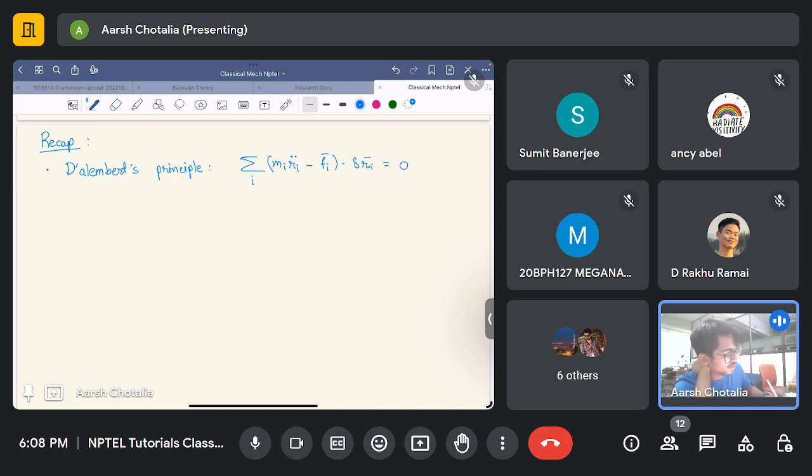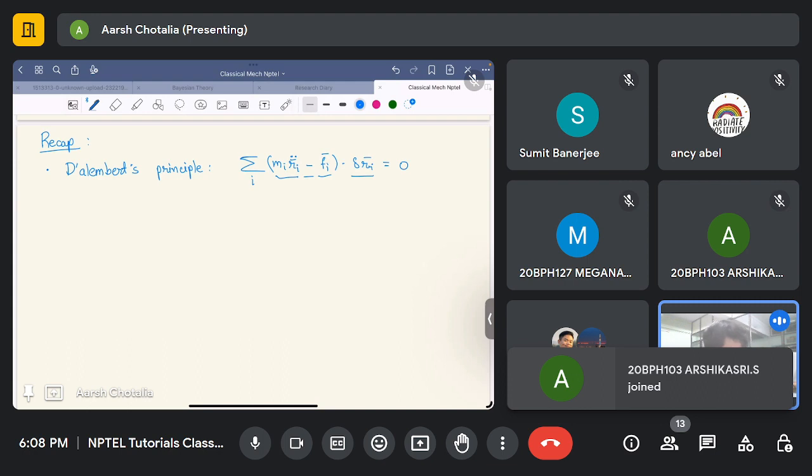These are vectors. So this was your virtual displacements, and these are actually forces, and note that Fi minus this mi ri double dot, the thing in the bracket, need not be 0, because there can be forces of constraints, forces due to surface.